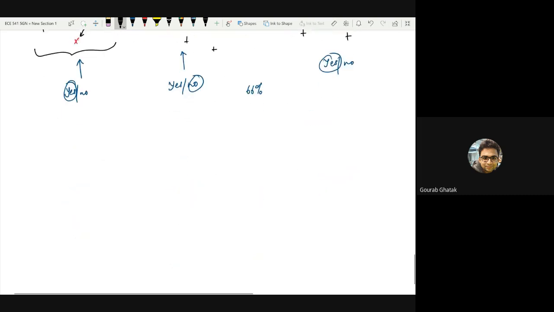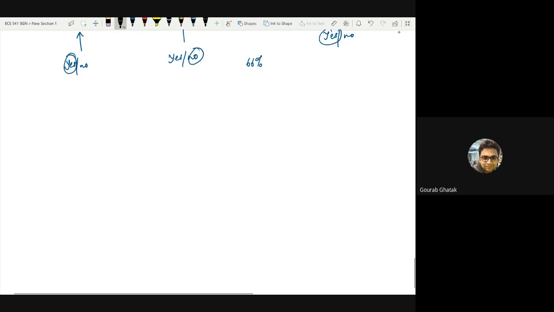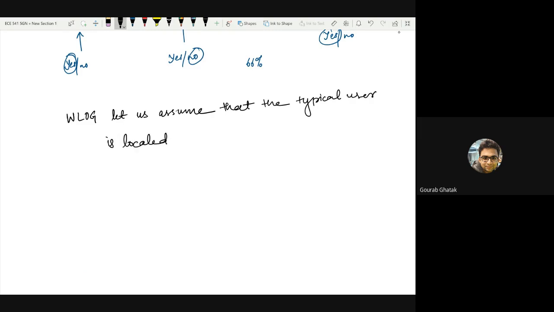Without loss of generality, or WLOG, I will be writing this term a lot, let us assume that the typical user is located at the origin.